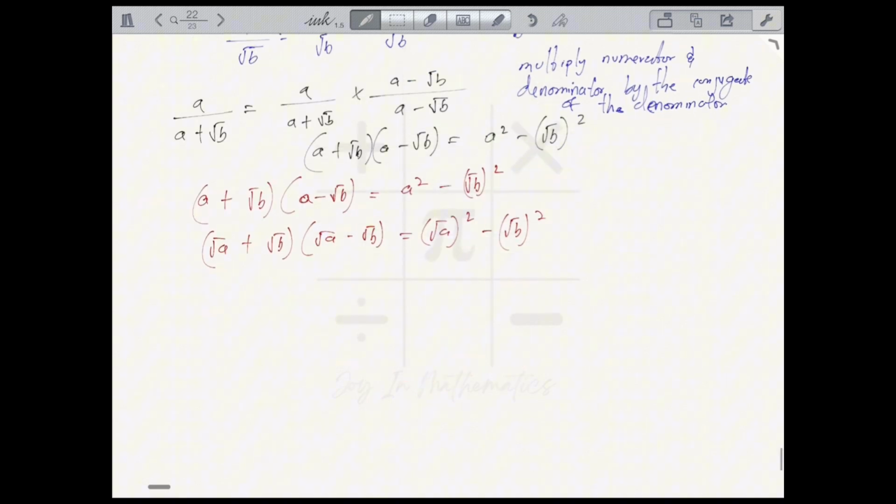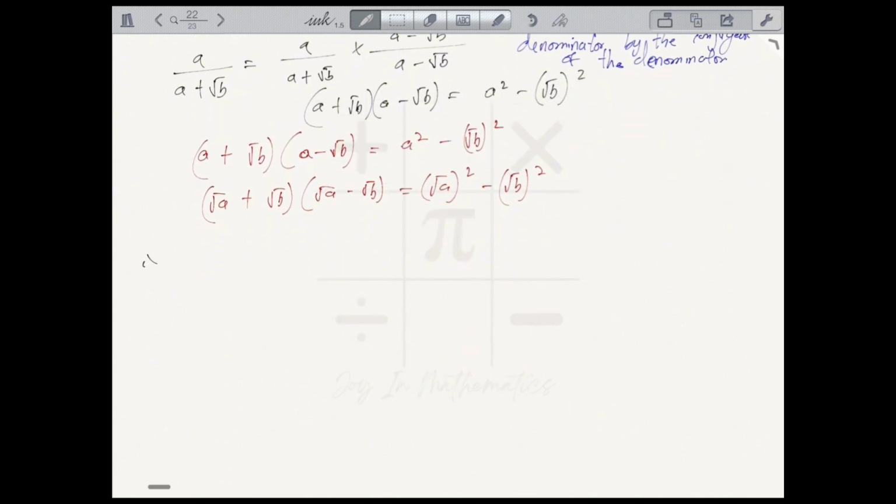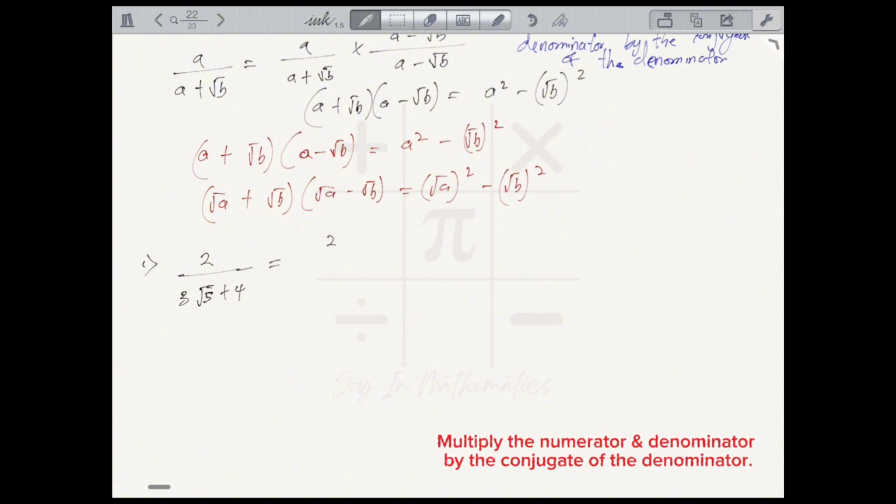Now let's take examples. We are given 2 divided by 3 root 5 plus 4. The division here is not a single surd but a surd in brackets. So we are going to apply the law of multiplying the numerator and the denominator by the conjugate of the denominator. If we have 3 root 5 plus 4, what is the conjugate?